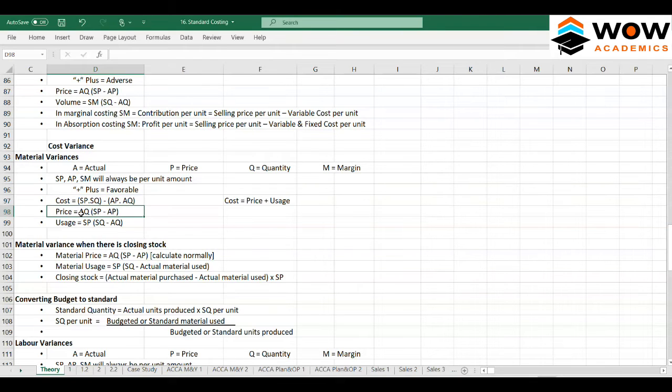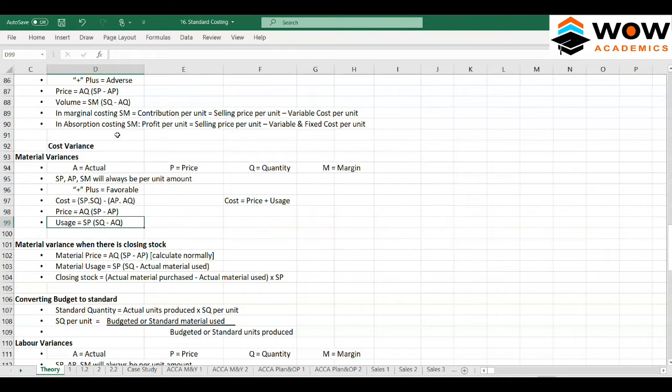What is price variance? Price variance is not something new. You can take the same sales price variance formula, which repeats here: AQ into SP minus AP. For usage, the variance is standard price into standard quantity minus actual quantity.